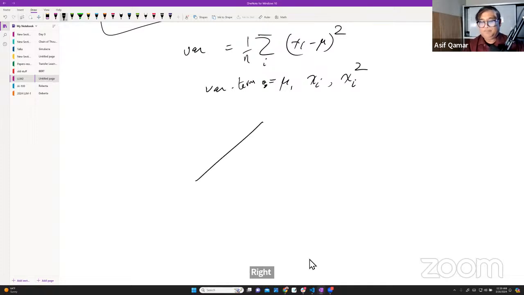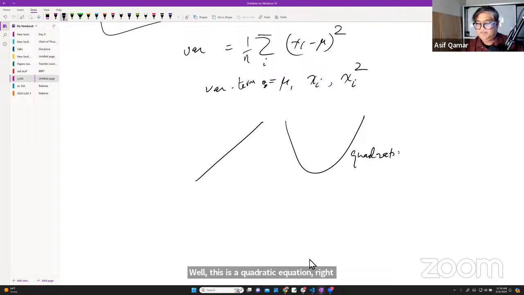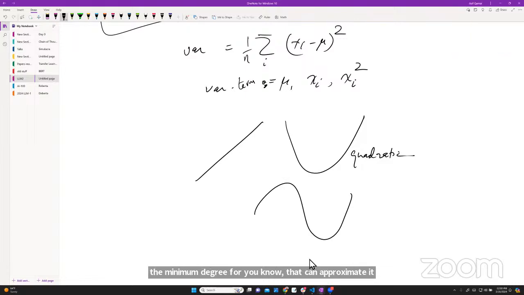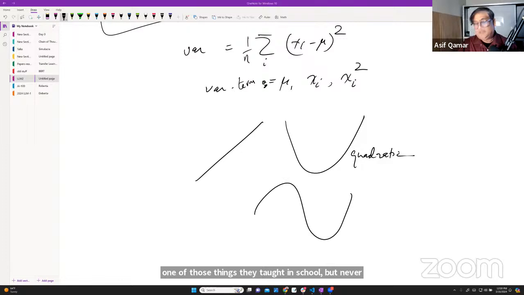I bend it. What is the smallest polynomial that can describe it? Square. This is a quadratic equation, right? It becomes quadratic. If I bend it again, what's the minimum degree polynomial that can approximate it? 3, exactly. This is one of those things they taught in school, but never with the significance of what it means, unfortunately. This is the fundamental theorem of algebra.